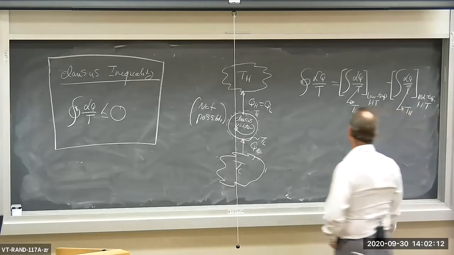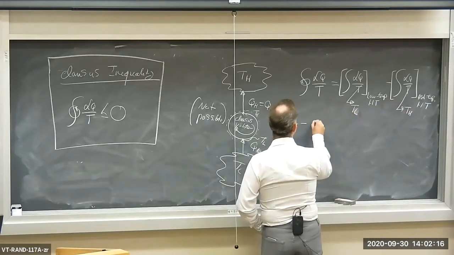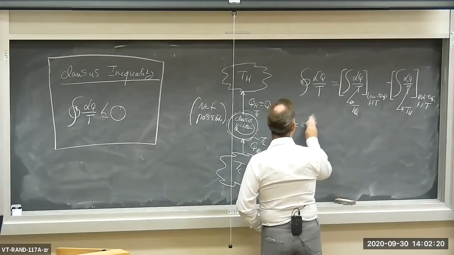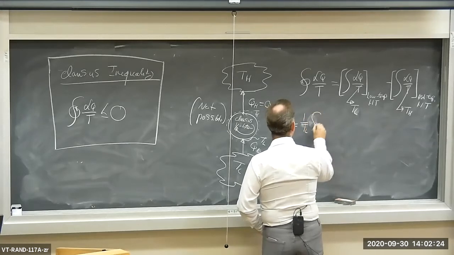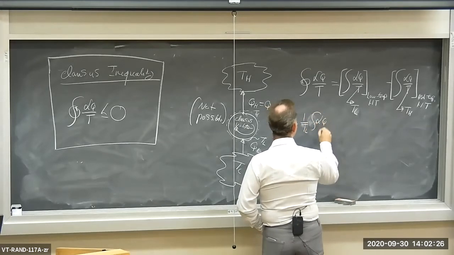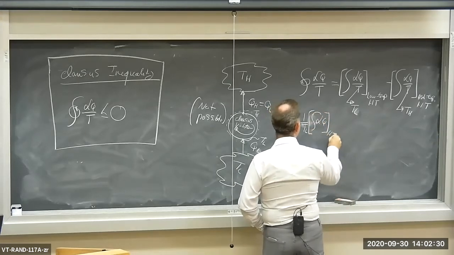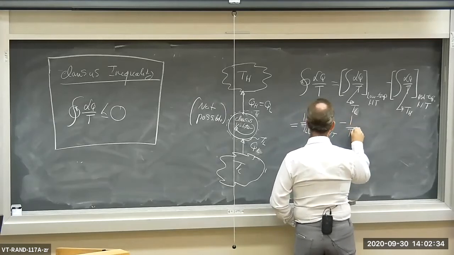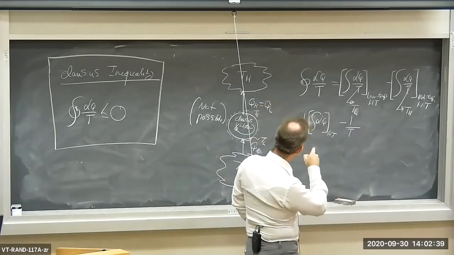So if these temperatures are constant, I can pull them out of the integral. The cyclic integral equals 1 over TL integral del Q, and this is the low temperature heat transfer, minus 1 over TH integral del Q, the high temperature heat transfer.